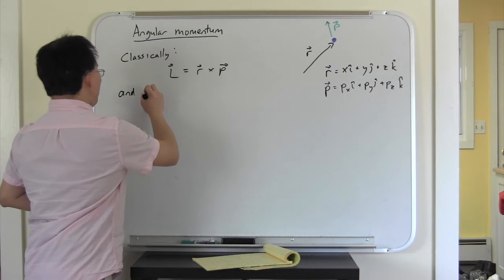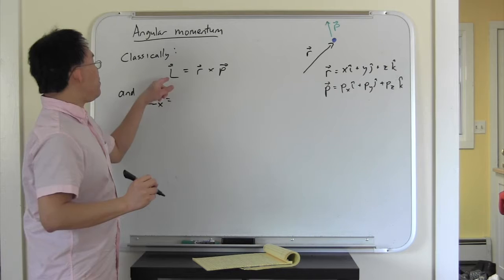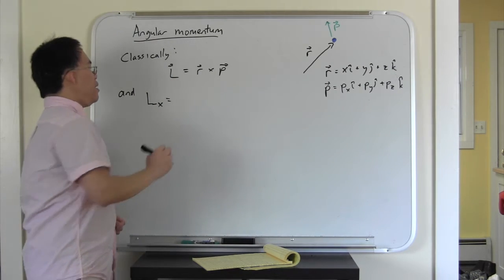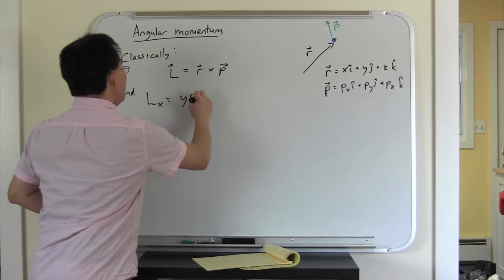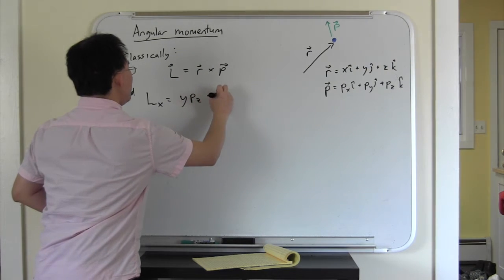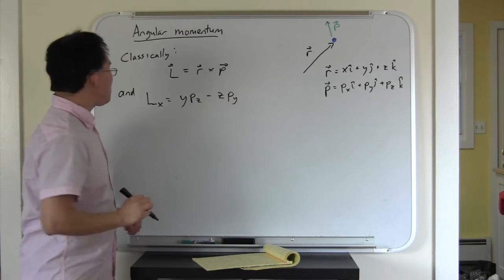So for example, the x component of the angular momentum vector ends up being y p_z minus z p_y.